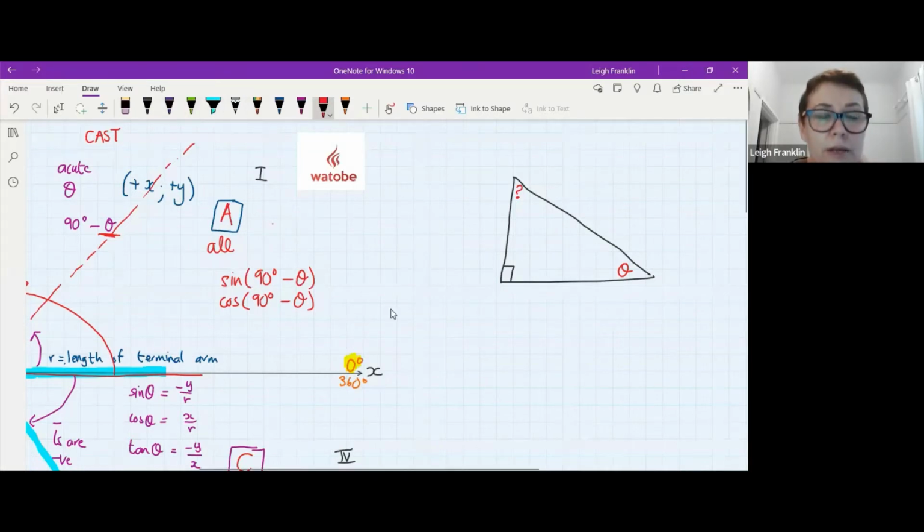Absolutely. So this is 90 minus theta. Does that make sense to everybody else? Yes, ma'am. Everybody's happy that this is 90 minus theta.